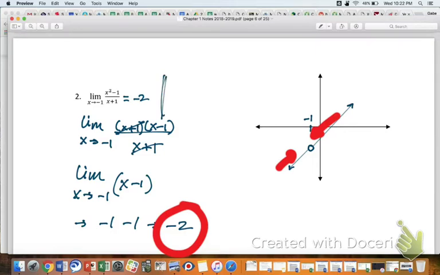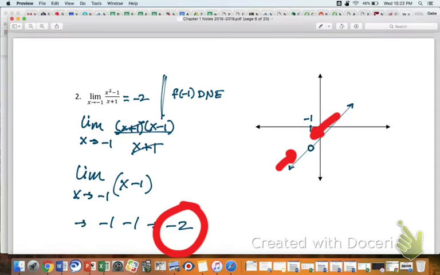But unlike before, if I were to look at f of -1, I can't say that f of -1 equals -2 because there's a hole there. So what I have to do is say f of -1 simply does not exist. Like I said, there's a hole there. So if you contrast this with what we just saw a minute ago, you can see why the value of a function at that number we're trying to evaluate the limit at doesn't matter.